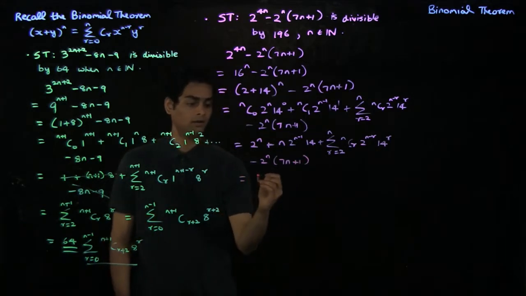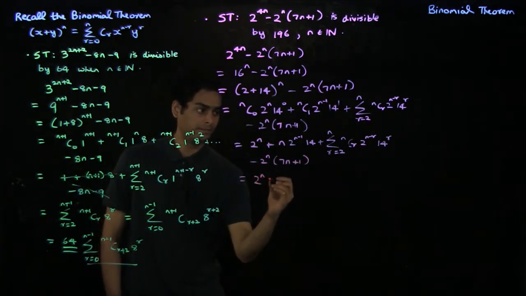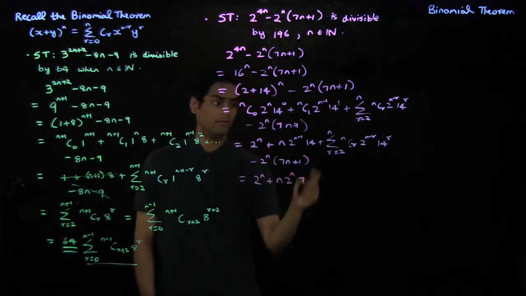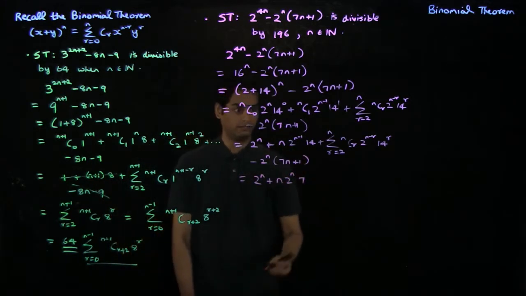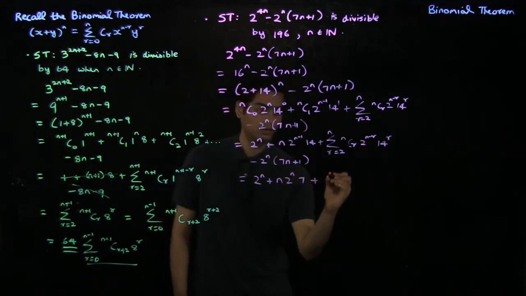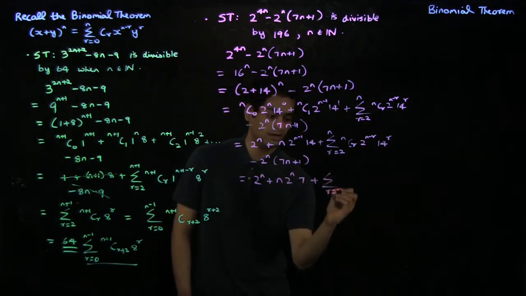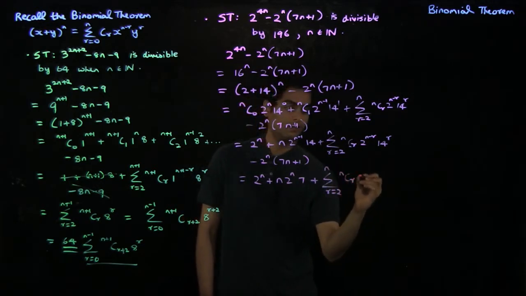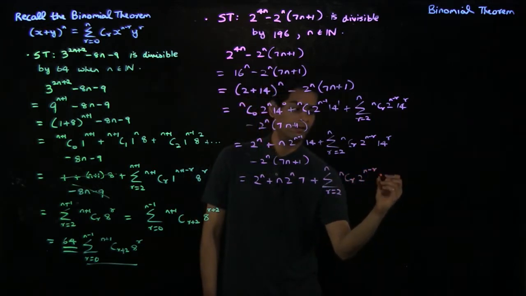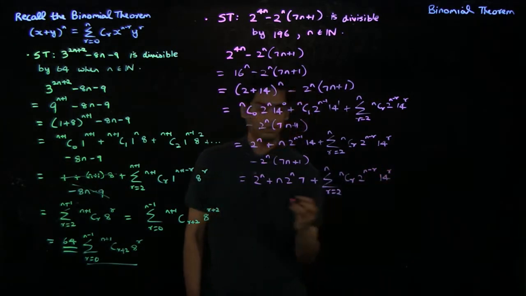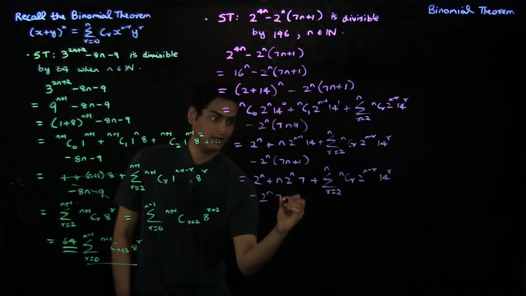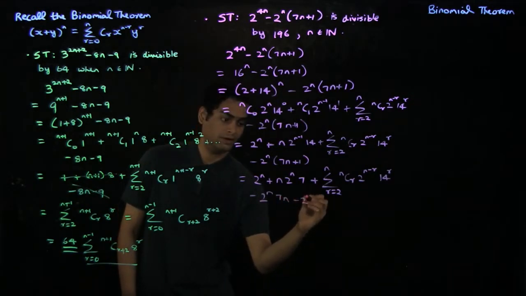So this is nothing but 2 power n plus n times 2 power n times 7, where I've factorized 14 as 2 times 7, and you have a resulting summation r equal to 2 to n, nCr, 2 power n minus r, 14 power r, and you subtract 2 power n times 7n and a 2 power n, where I just expanded this term.